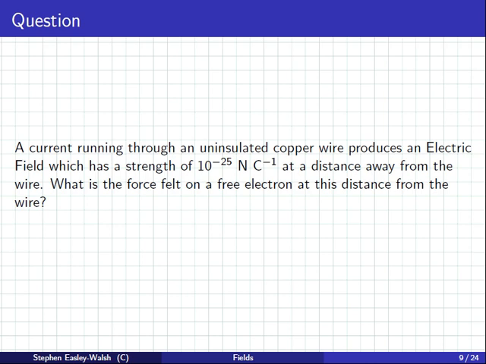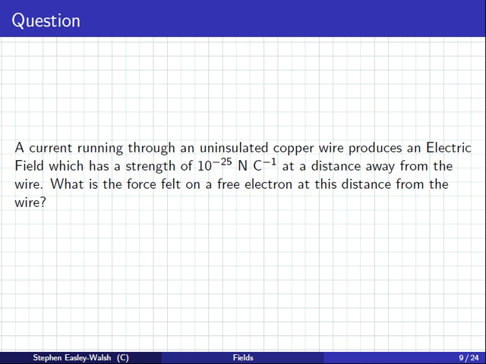So let me think. I think that should be a pretty big number, shouldn't it? What you got, Lynn? 10 to the power minus 25 over e, the charge of it. Why is it over? It's times, because you want the force.